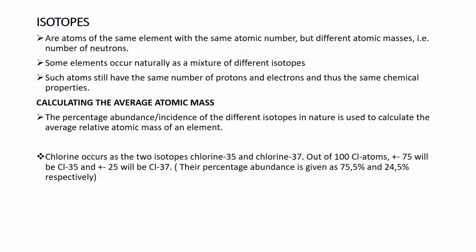How do you calculate the average atomic mass for isotopes? We use the percentage abundance or incidence of the different isotopes to calculate the average relative atomic mass of an element. Let's look at an example of chlorine. We are told that chlorine occurs as the two isotopes chlorine 35 and chlorine 37.